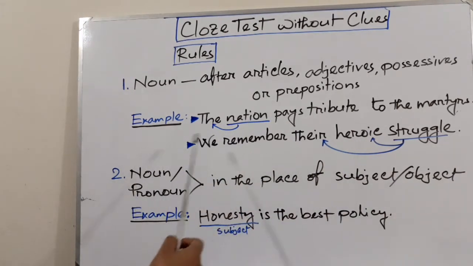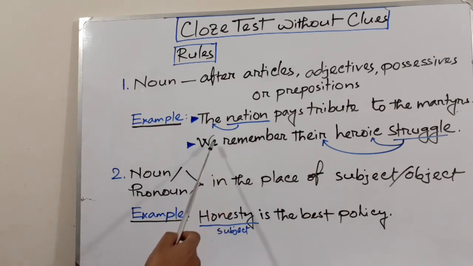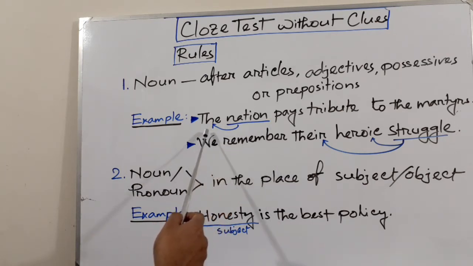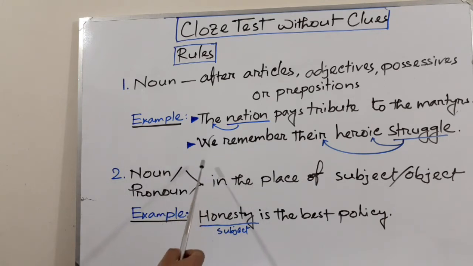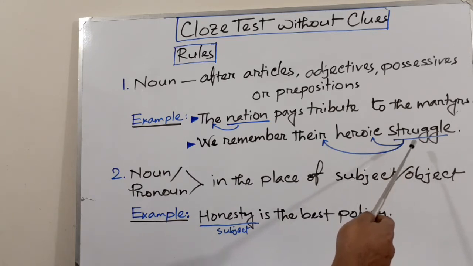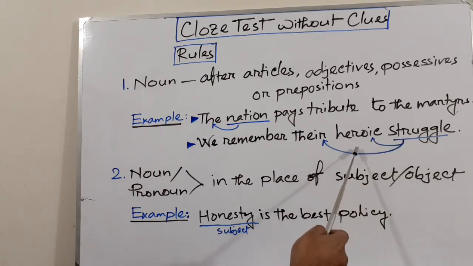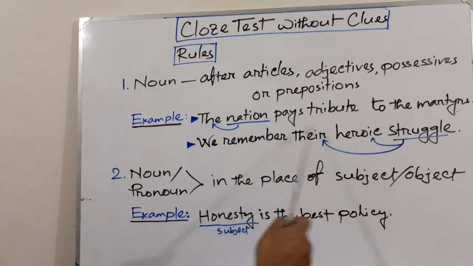Here the word nation is a noun because the gap comes after an article, and that is the. In the second example, we remember their heroic struggle. Here the underlined word struggle is a noun because the gap comes after the word heroic, which is an adjective, and after the word their, which is a possessive.